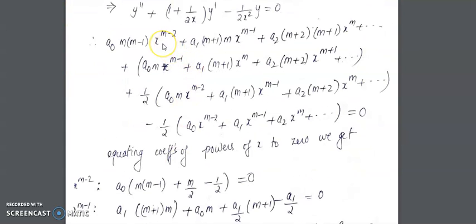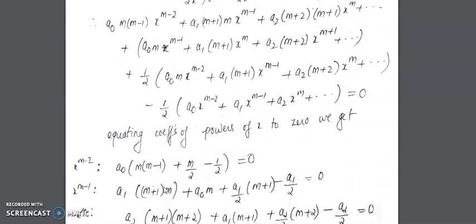First I take the coefficient of x raised to m minus 2, and I get a0 m minus 1, then a0 m by 2, then minus a0 by 2 equal to 0. Now by our assumption a0 is not equal to 0, so if the product is 0, this must be equal to 0. So this first equation will give you the value of m.